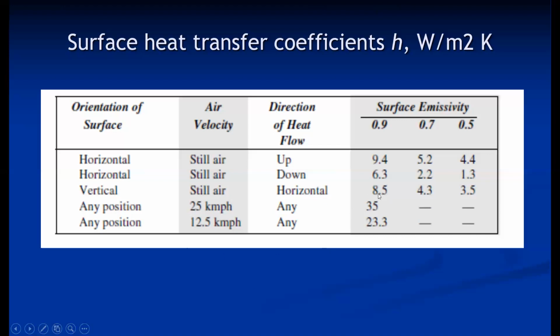So these are some values of the heat transfer coefficient. Generally it is taken around 5 to 10 watt per meter square Kelvin for still air, and for windy air or some moving air, it is considered as 20 to 30 or 40.